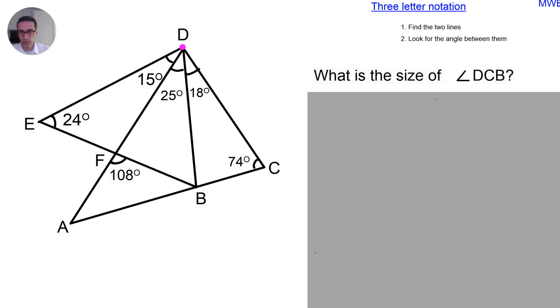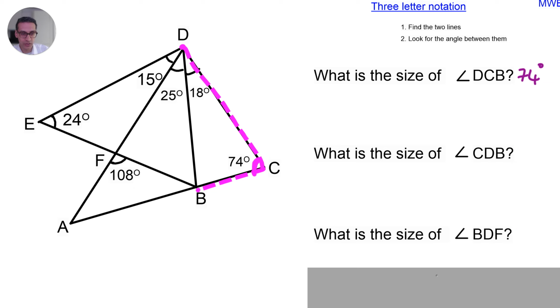If this isn't a printout, you can use your sheet to do this if you have it. You're going from D to C, and then that's your vertex, and then you're going from C to B. Now, where these lines meet at the vertex is the angle we want, 74 degrees. So in this case, we can see this is going to be 74 degrees.